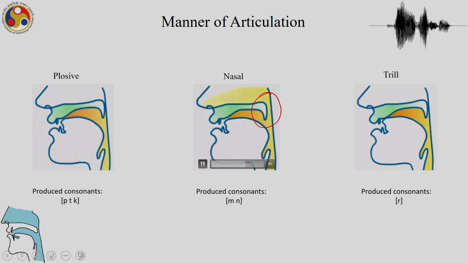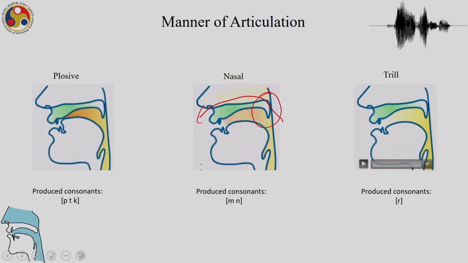The velum is lowered and hence the air can pass through the nasal cavity. For the production of trill-like sounds, there you can see that you have very short periods of obstructions for the production of trills like r.